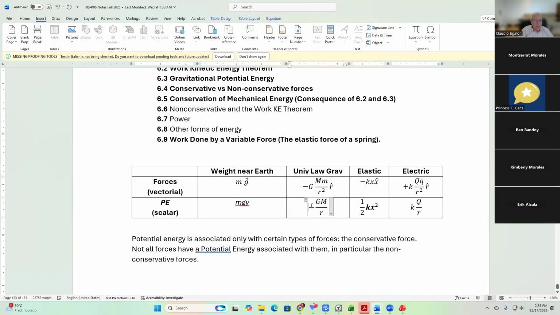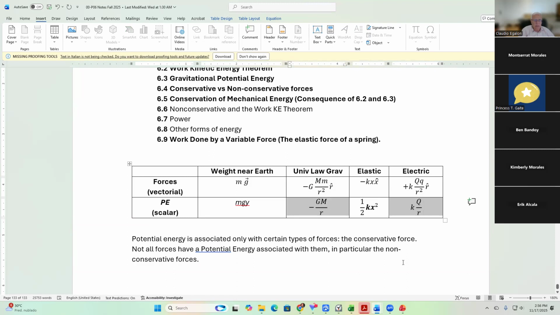There is a negative sign here. For the elastic force, which is minus kx, a vector, the potential energy is half kx squared. And for the electric force, which has a functional relation very similar to the universal law of gravitation, the potential energy is also similar to the other potential energy.